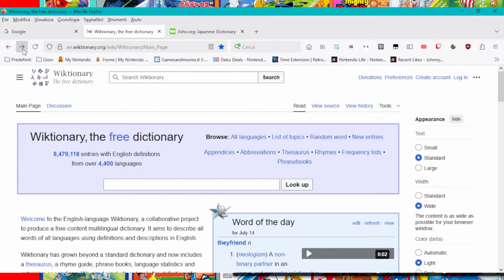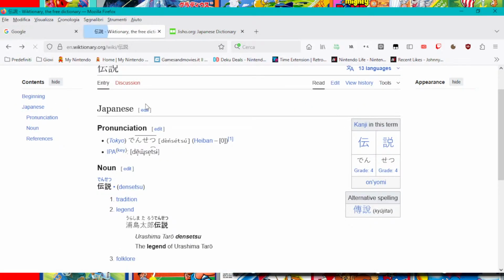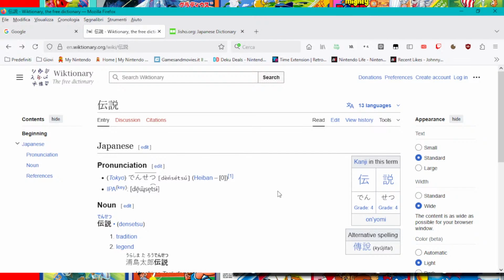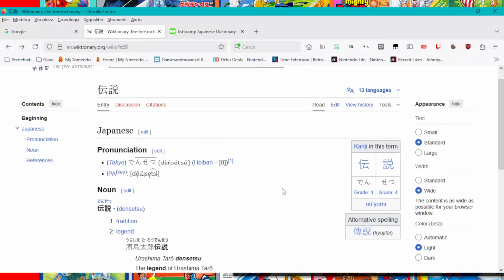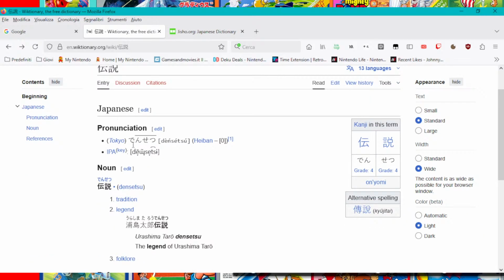By checking out the title of the game, and in particular the word densetsu. As you can see here, it shows the accent. It's an unaccented word, densetsu.